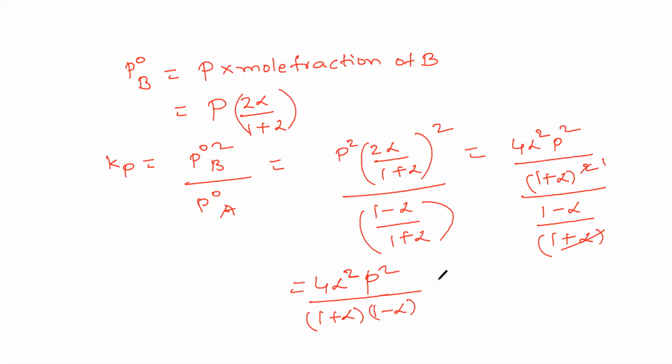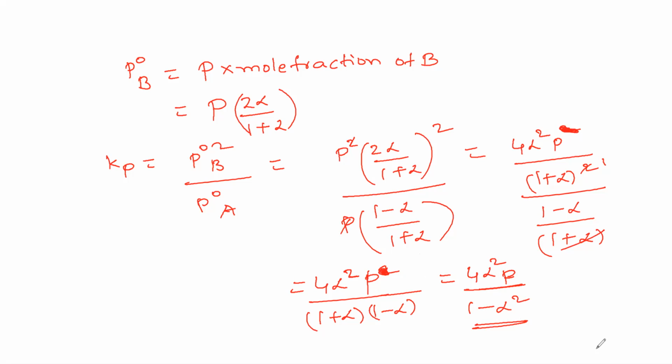Since 1 plus alpha into 1 minus alpha is equal to 1 minus alpha square, we get 4 alpha square P square, and one P gets cancelled. We forgot to write P here, the total pressure. So 4 alpha square P divided by 1 minus alpha square. This is the answer for Kp: 4 alpha square P by 1 minus alpha square.